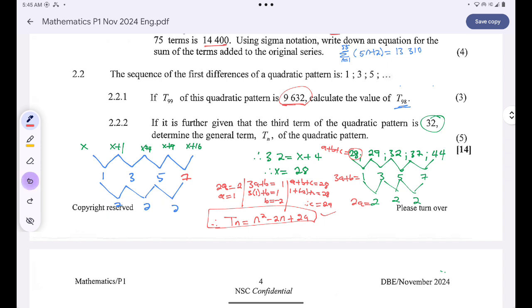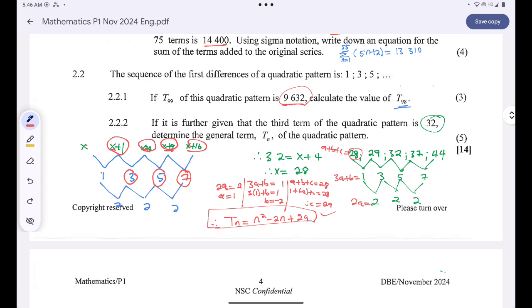Now all I need to do is to find the quadratic sequence. Since I didn't know the first term of my sequence, I let the first term be x, and then the second term will be x plus 1. The third term will be x plus 1 plus 3, we'll simply get x plus 4. X plus 4 plus 5 will get x plus 9. Then x plus 9 plus 7 will simply give us x plus 16.